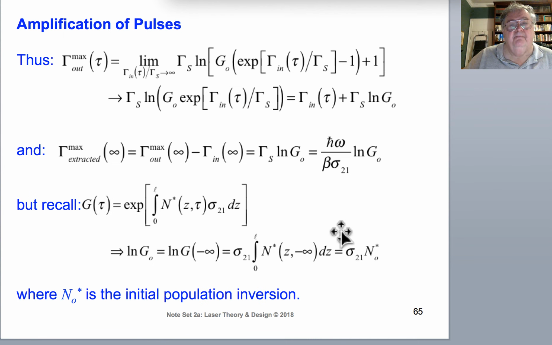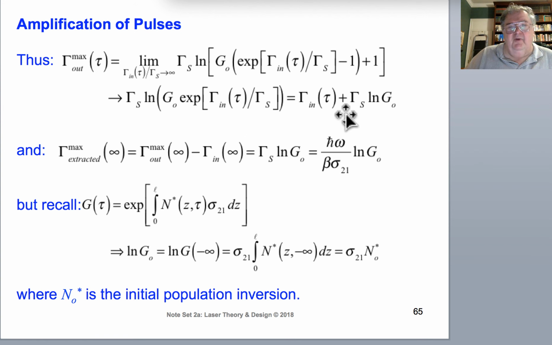Easy to do. Gamma times the log of G0 times the exponential is simply what, when I neglect these ones: gamma times the log of G0, right? The log of G0 times the exponential is the log of G0 plus the log of the exponential, and the log of the exponential is just the exponent.